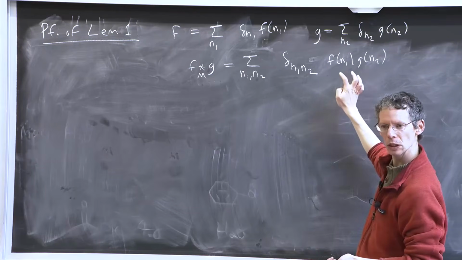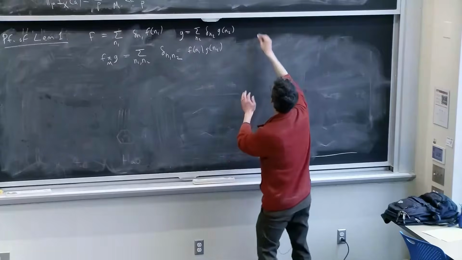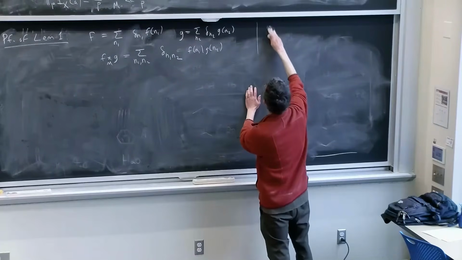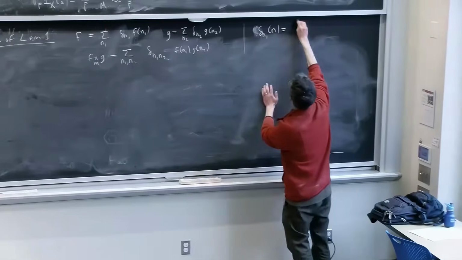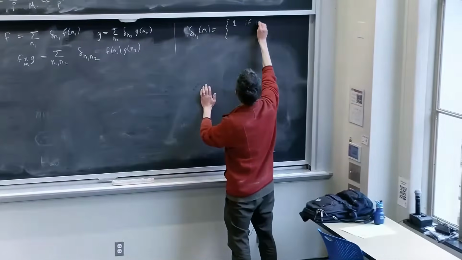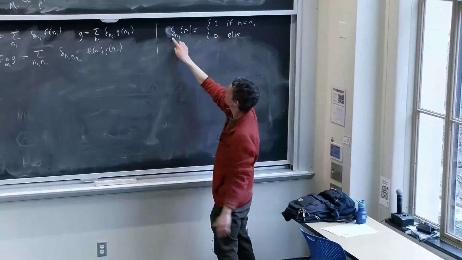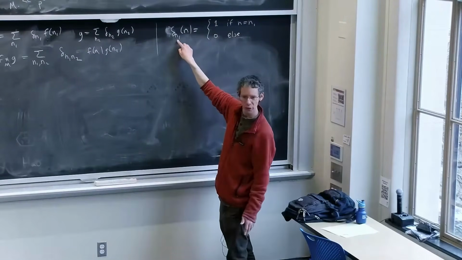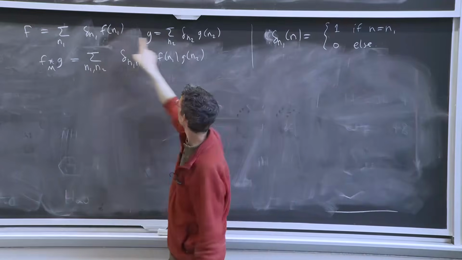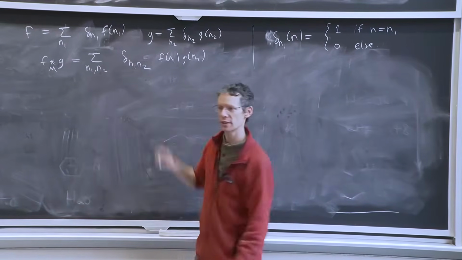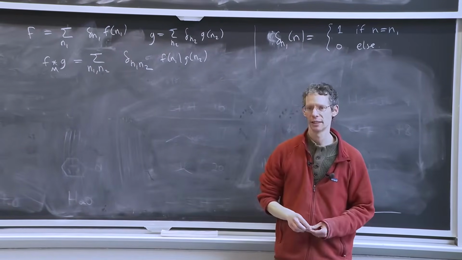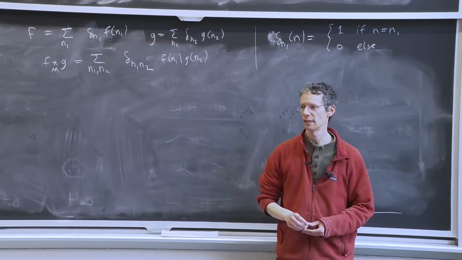Does this look OK to people? Let me add: when I write delta n1, that's a function of n, and it means it's 1 if n is equal to n1, and 0 otherwise. So f is this, and g is this, and f star g is this.